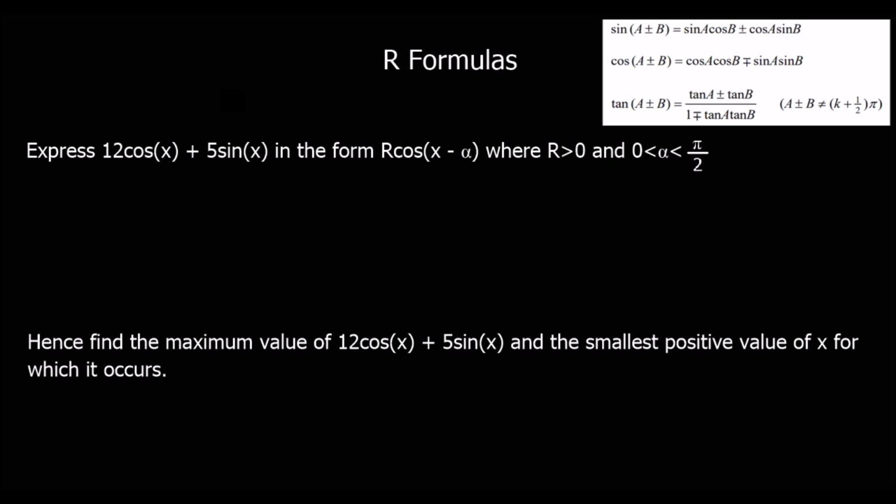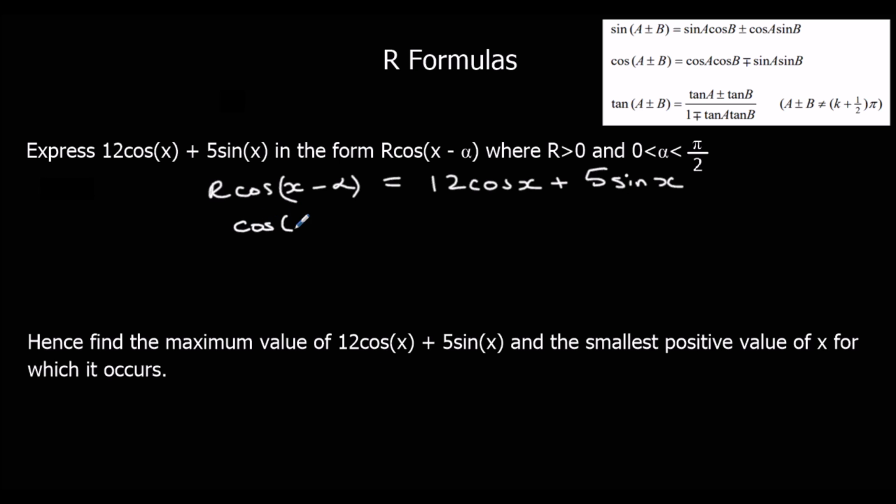Okay, here we've got express 12 cos x plus 5 sin x in the form r cos x minus alpha. So we want r cos x minus alpha to be equal to 12 cos x plus 5 sin x. So we're using the cos minus formula.